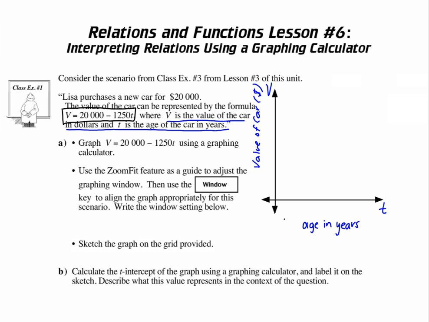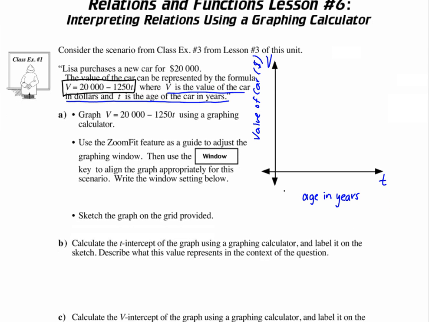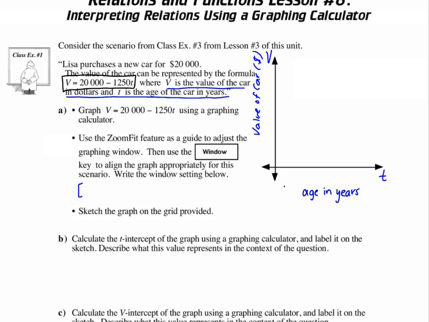Now it says state our windows, so let's write the windows that we used. Our windows were, for x, negative 10 to 20, scale of 1. So remember min, max, scale. What was our y min from our graphing calculator?